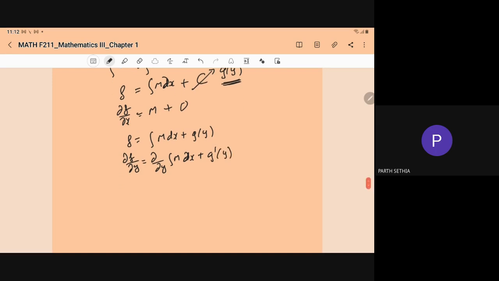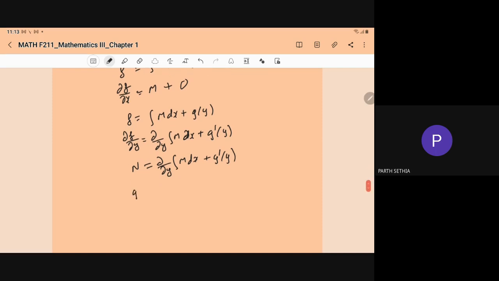And del f by del y is n. So n is equal to del by del y of the integral of m dx plus g dash y. So this can be written as g dash y is equal to n minus del by del y of the integral of m del x.